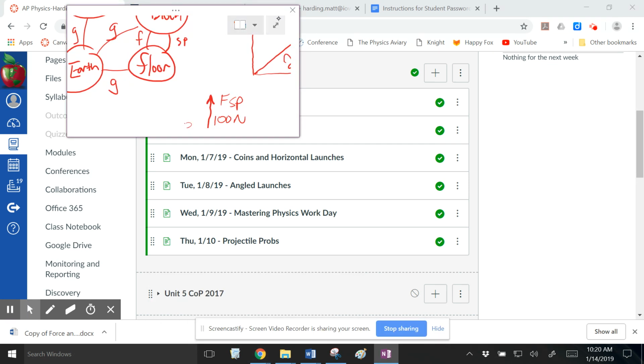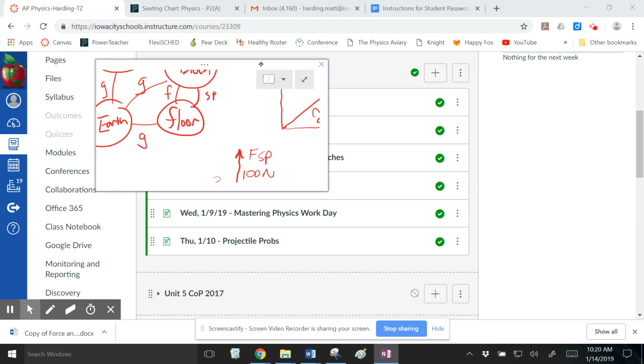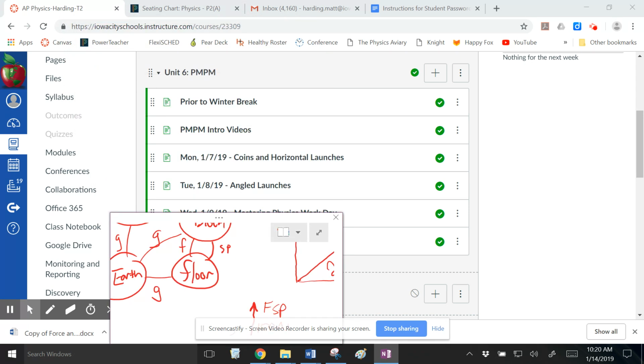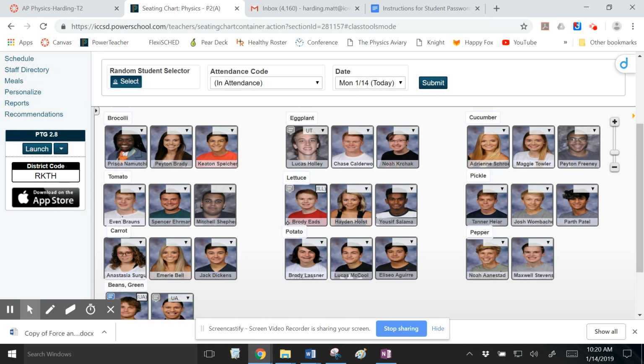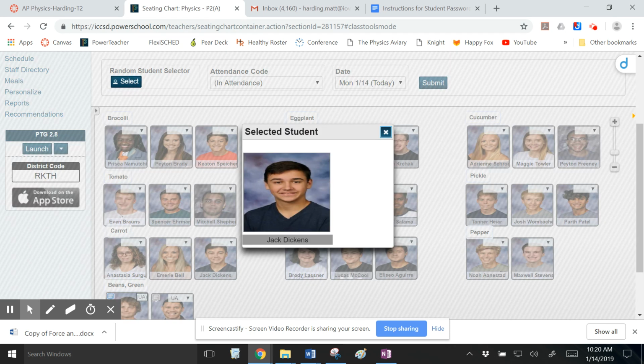Whoa. Don't do that. All right. Pop up OneNote for us.